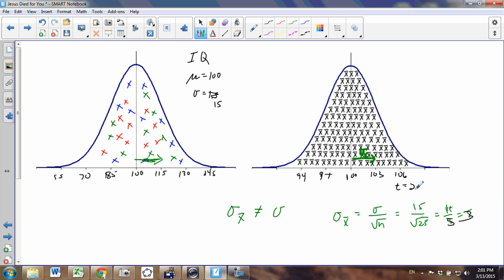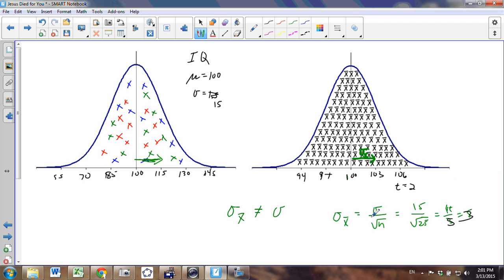T would equal 2. That would be just as unusual to find a sample of 25 with a mean IQ of 106 as one person with an IQ of 130. They're both 2 degrees of unusualness above the mean. And this formula here is going to be the key to calculating test statistics.